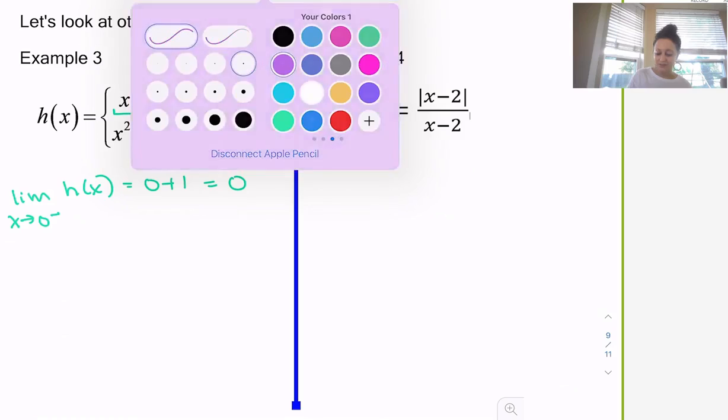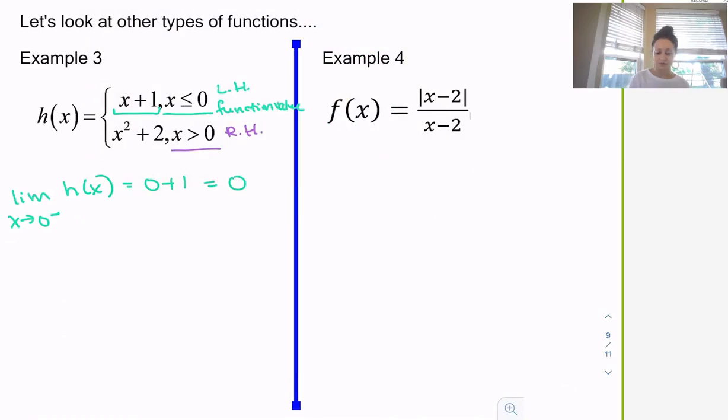Okay, now let's find the limit as x approaches 0 from the right. In which case I would want to use the bottom piece, okay? So if I plug in 0 for x into the bottom expression, I get 0 squared plus 2, which is 2. Sorry, that should be 1.